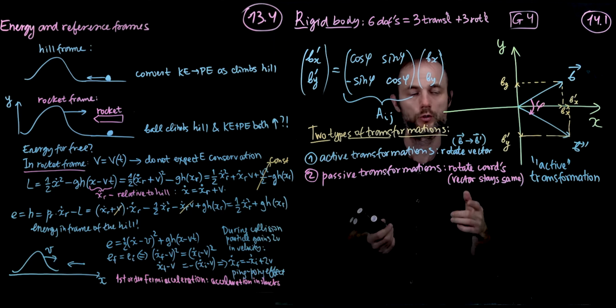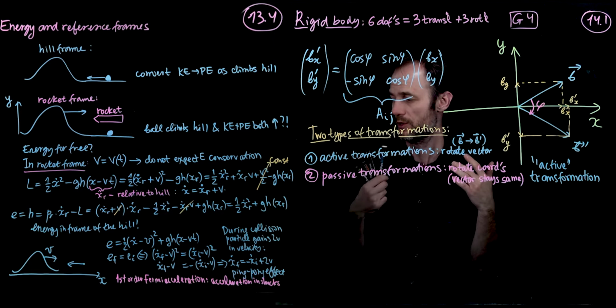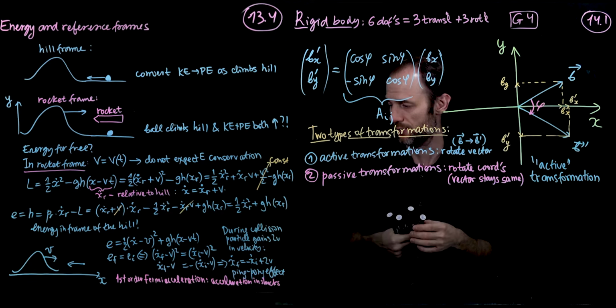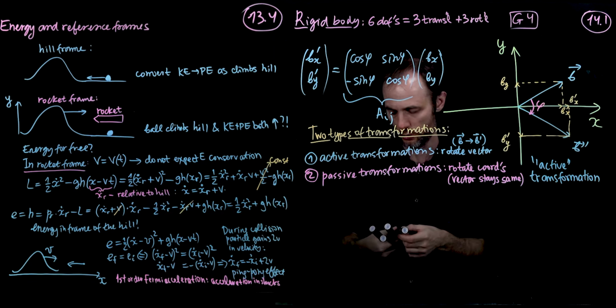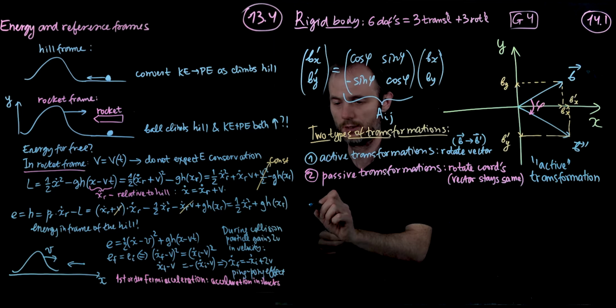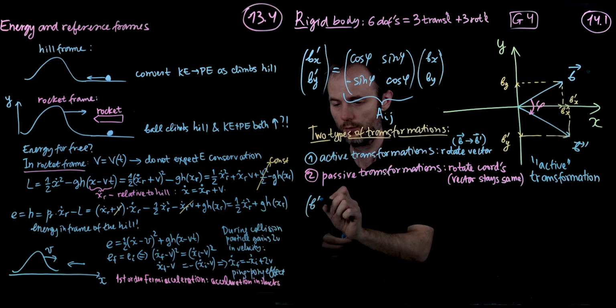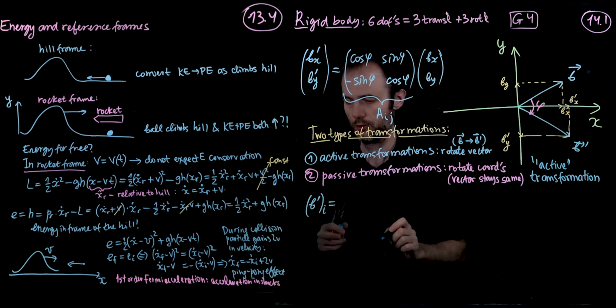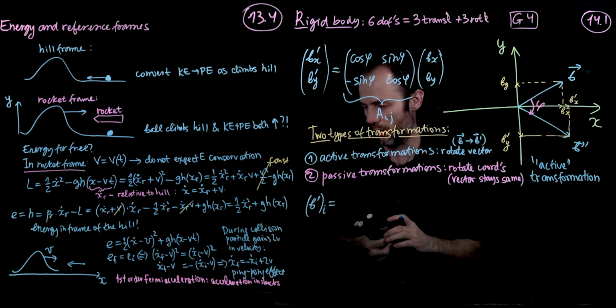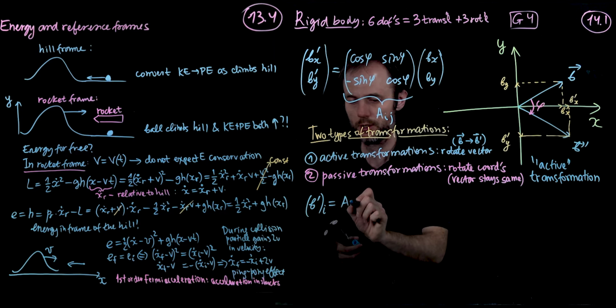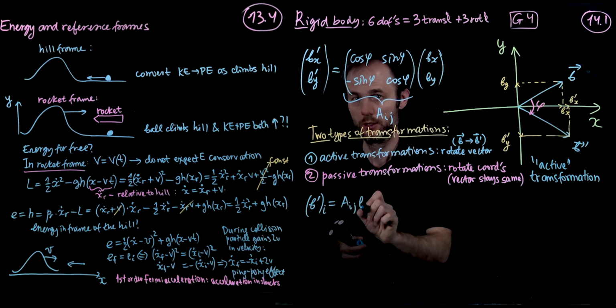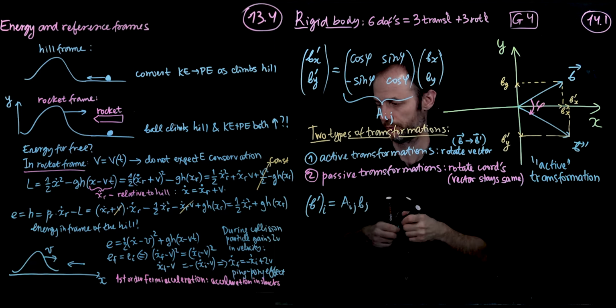So if we were to try and write out the passive transformation, then the way we would do that, we would say that B prime of i, so the new coordinates of the same vector, would be Aij times Bj.